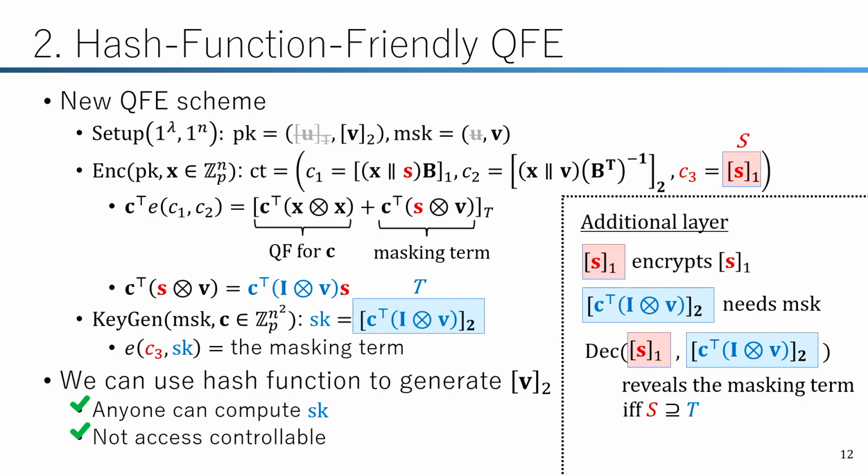Then we can solve the second problem. So what is the additional layer? This functionality exactly corresponds to the unbounded inner product functional encryption.